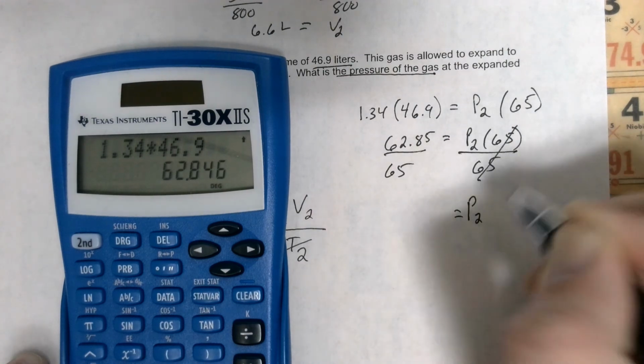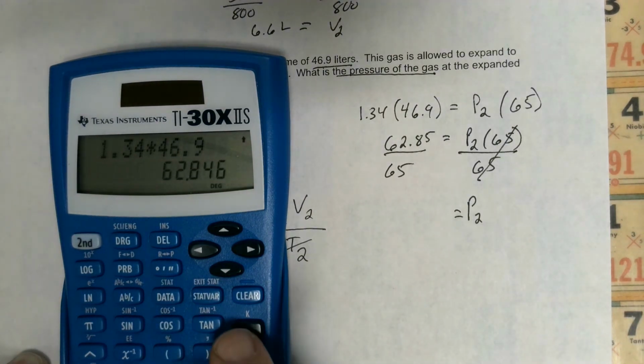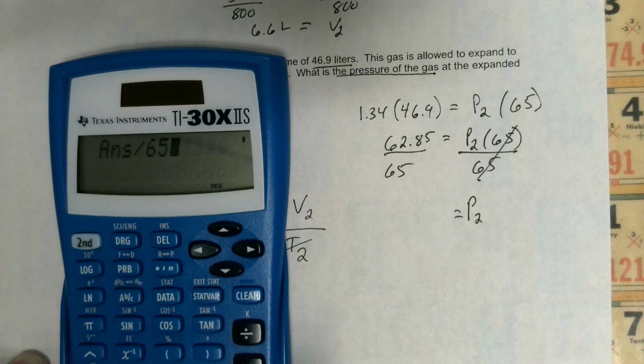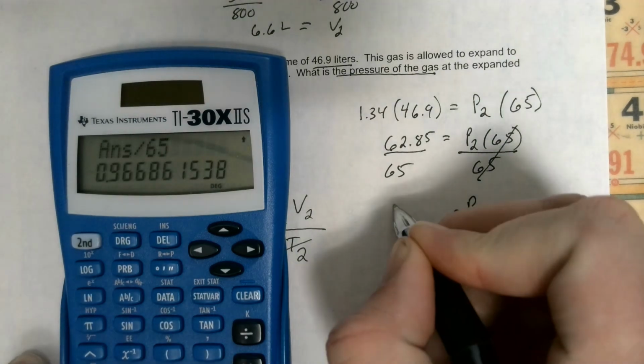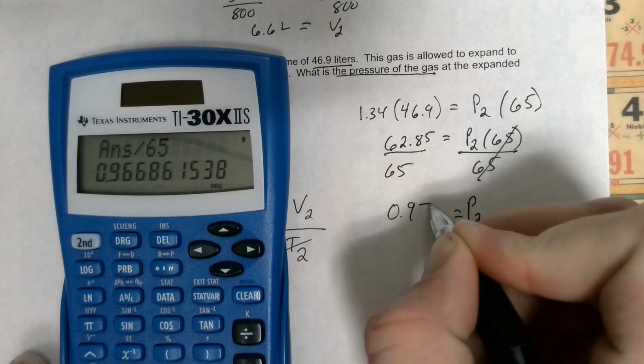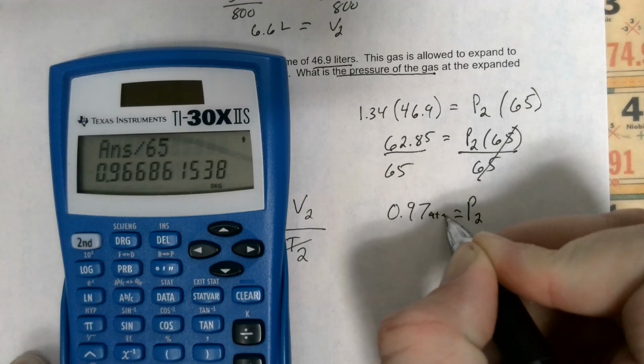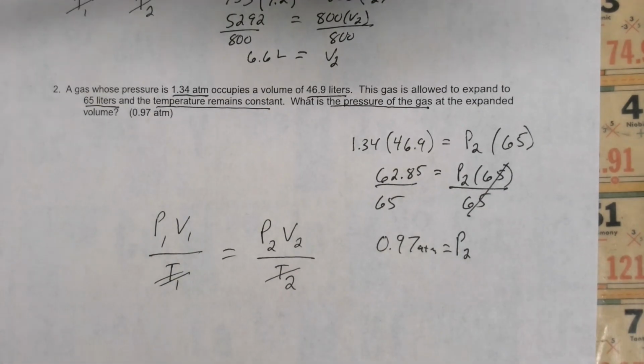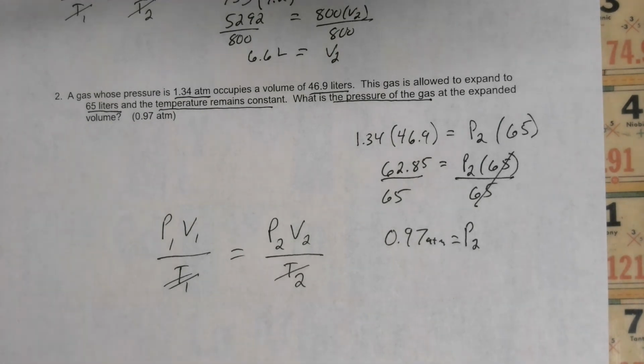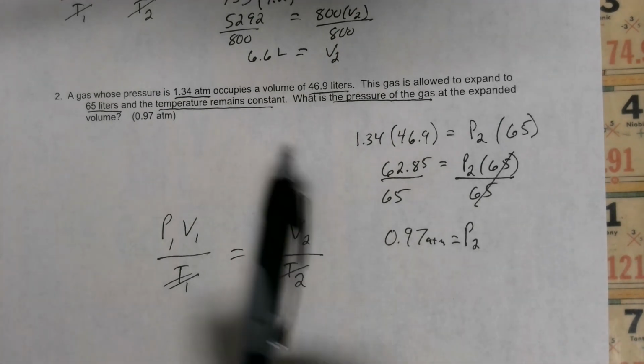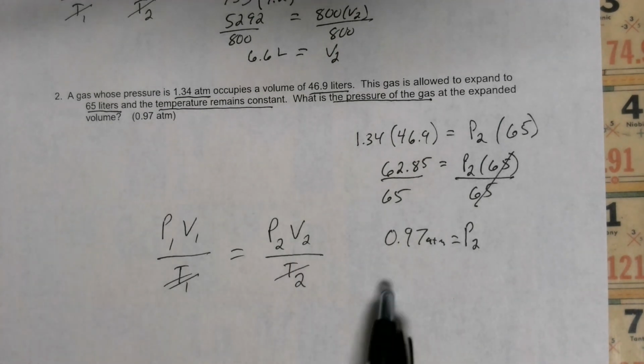P2 equals 62.85 divided by 65, 0.97 atmospheres. So, did my pressure go down as I expected? It started at 1.34, now it's 0.97, so yes, it went down. And again, that's because we put the same amount of gas in a larger space, so therefore pressure should go down.